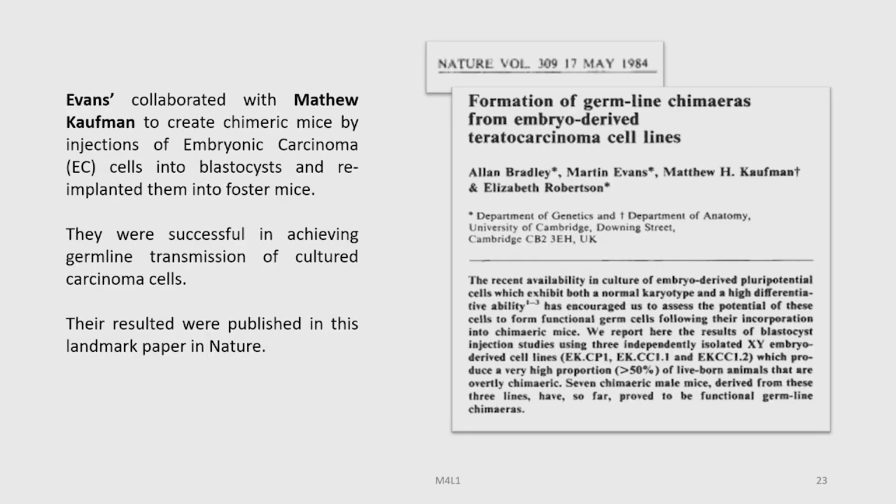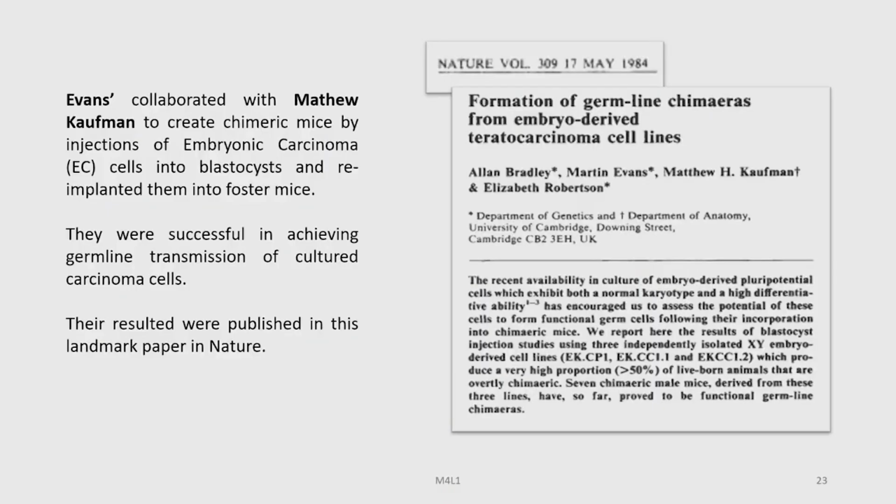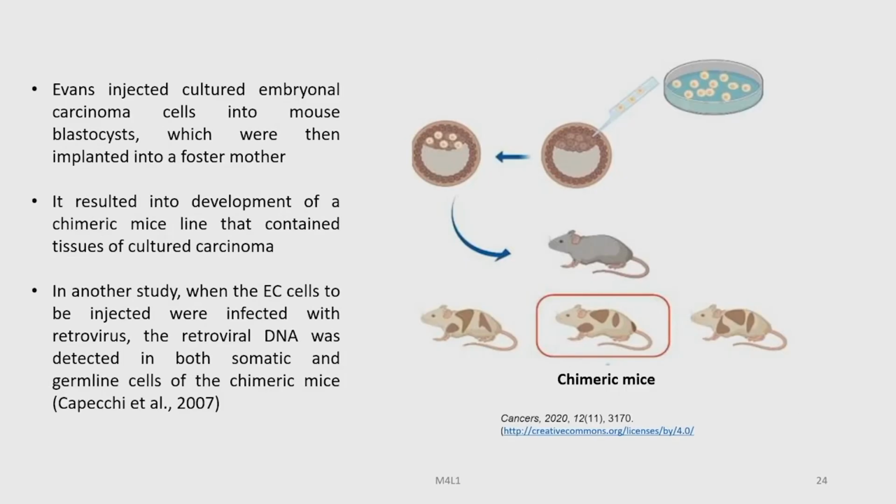He then collaborated with Matthew Kaufman to create chimeric mice by injecting embryonic carcinoma cells into the blastocyst and reimplanting them into foster mice. They were successful in achieving germline transmission of cultured carcinoma cells. Their results were published in this landmark paper in Nature, on the formation of germline chimeras from embryo derived teratocarcinoma cell line.